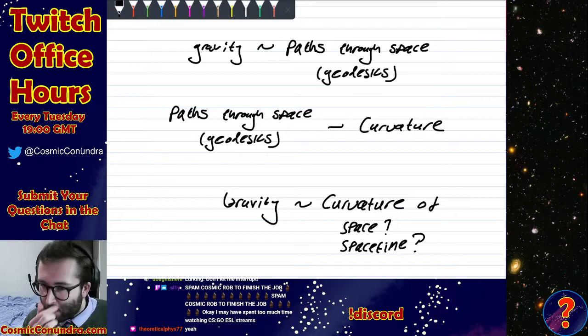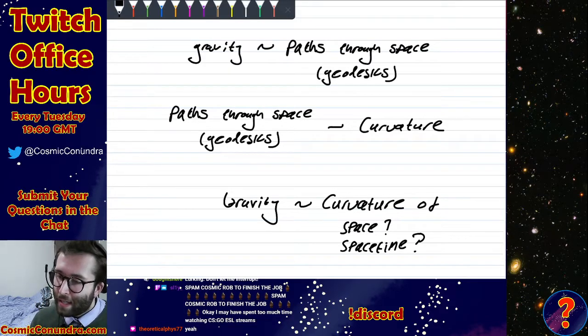Because actually, long before Einstein, I think maybe it was Riemann, had the idea that you could start trying to explain gravity as being the curvature of space. But this is not quite right. If you just think about curvature of 3D space, that doesn't actually give you gravity.